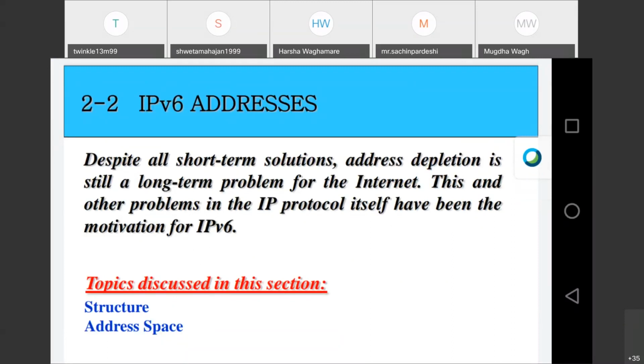Today we'll see the concept of IPv6 addresses. We have seen that IPv4 provides you 4 billion addresses. But today, if you see the internet requirement, day by day the number of users is increasing.